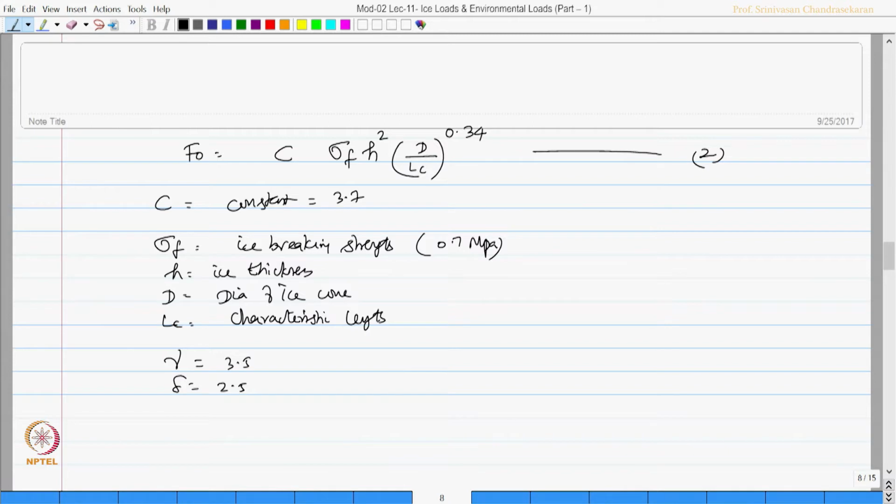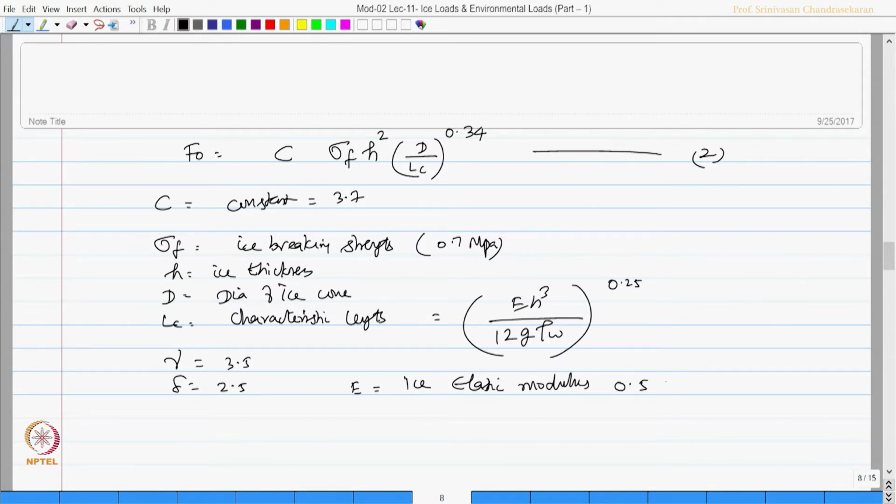The characteristic length L c is further given by E h cube by 12 g rho w raised to the power 0.25, where E is ice elastic modulus, which is given by 0.5 gigapascal, and rho w is density of sea water.